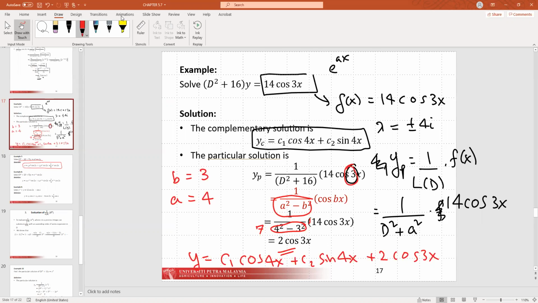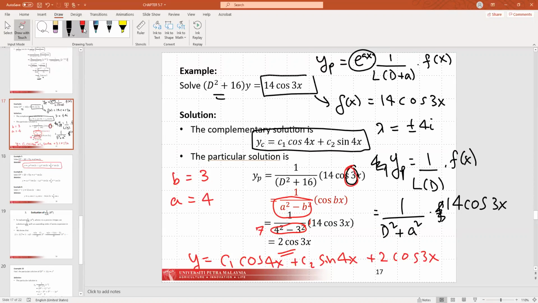Tadi form dia adalah untuk cari yang L of D plus A, form RX adalah YP sama dengan E to the AX darab dengan 1 over L of D plus A darab dengan FX. Okey, dalam kes ni sebab dia tak ada E to the AX, dia tidak ada.